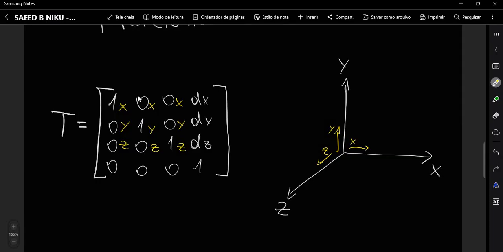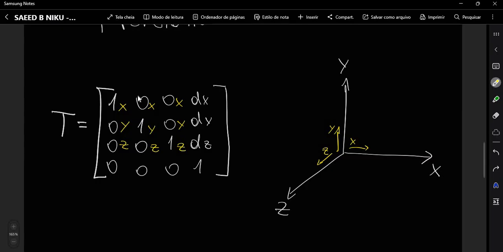Those are unit vectors. So realize on the axis x, it is pointing in this direction and only in this direction, the direction of the axis x.